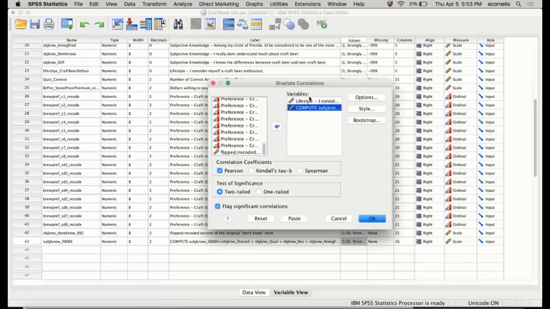So cool, we have our two variables in here. That is enough. We don't have to touch any of these options. We just want to make sure Pearson correlation is on, two-tailed is on, and this is normally already there by default, so we don't really have to worry about it. This is all good. Let's click OK.